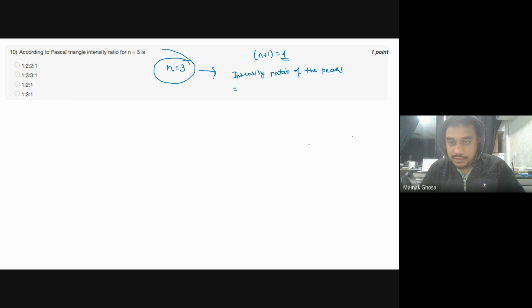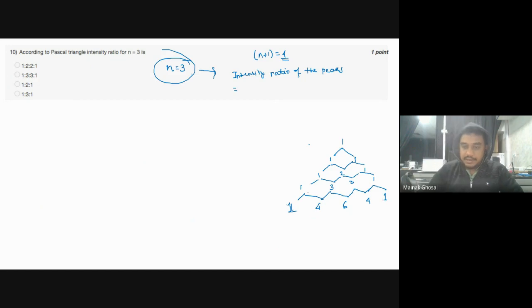For the intensity ratio, if you go through this Pascal triangle: 1, 1; 1, 2, 1; 1, 3, 3, 1; and this is 1, 4, 6, 4, 1, like that. Okay. So you can see 4 peaks are there.